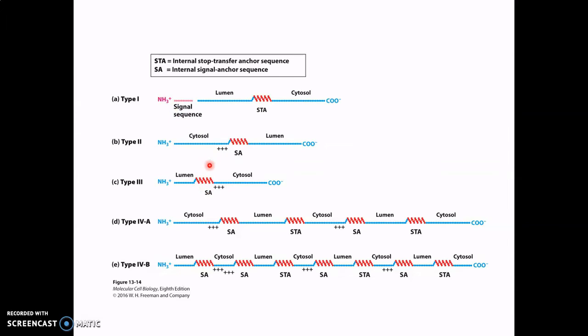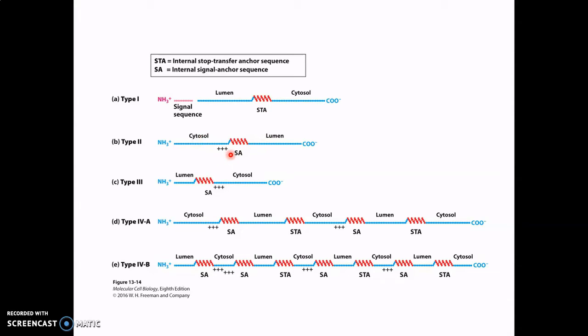On type 2 and type 3, we can see that we don't have a separate signal sequence. We just have this internal, what we call a signal anchor sequence, because this is both a signal and an anchor point. Over here, we have a separate signal, and then we have a second separate anchor sequence.